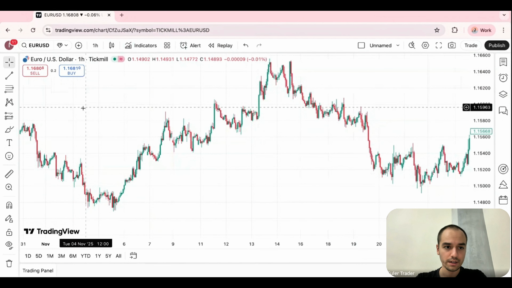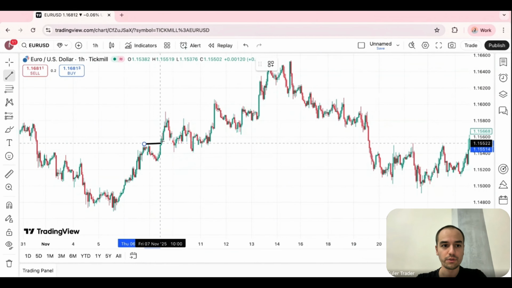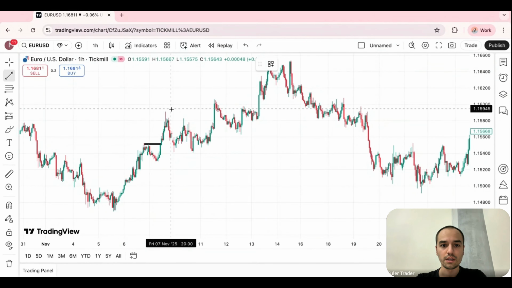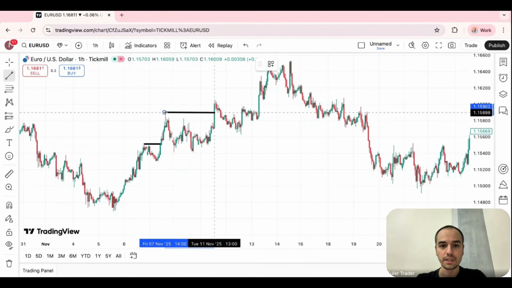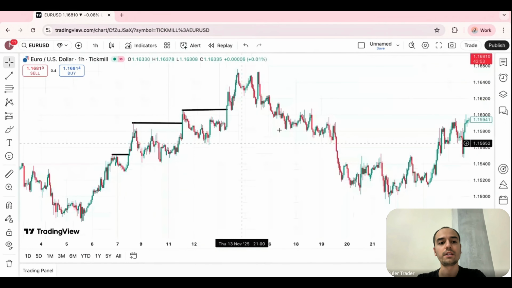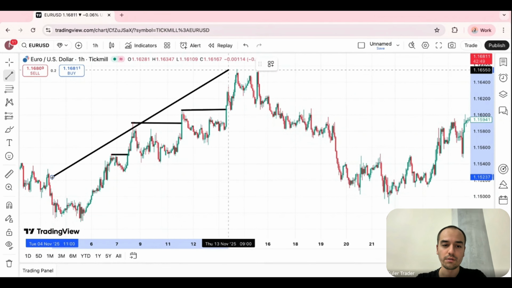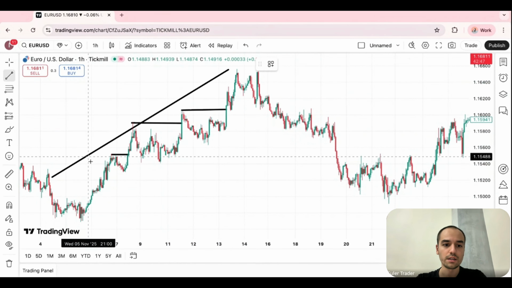We can see essentially how the liquidity is formed. We can see the CBOSs forming the liquidity, and we can see the liquidity channel being formed as it is.